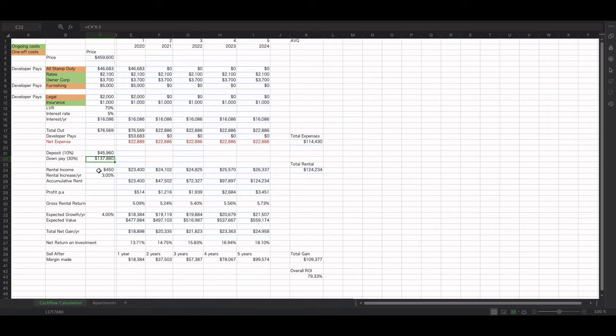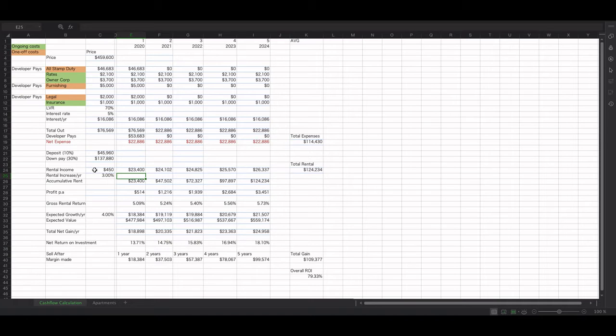So you're looking at perhaps 3, 4, or 5 days empty of the year. That's a very good occupancy rate. Therefore, for $450 per week, if you multiply this by 52 weeks in the year, you would get 23,400 in rental income.